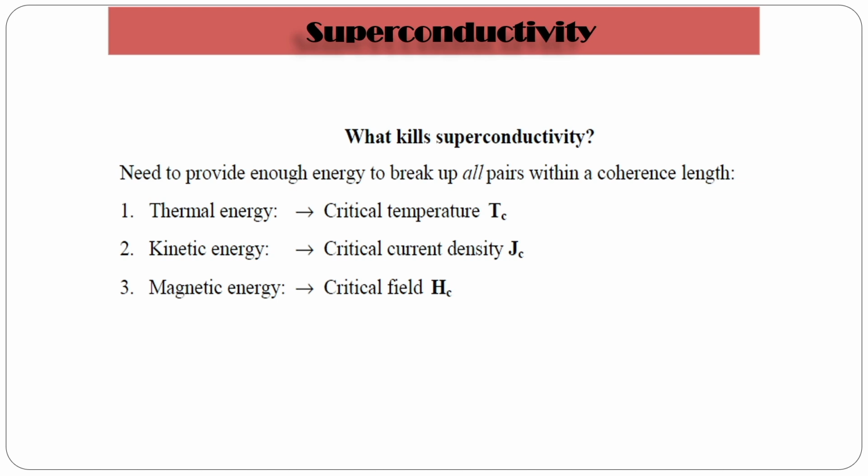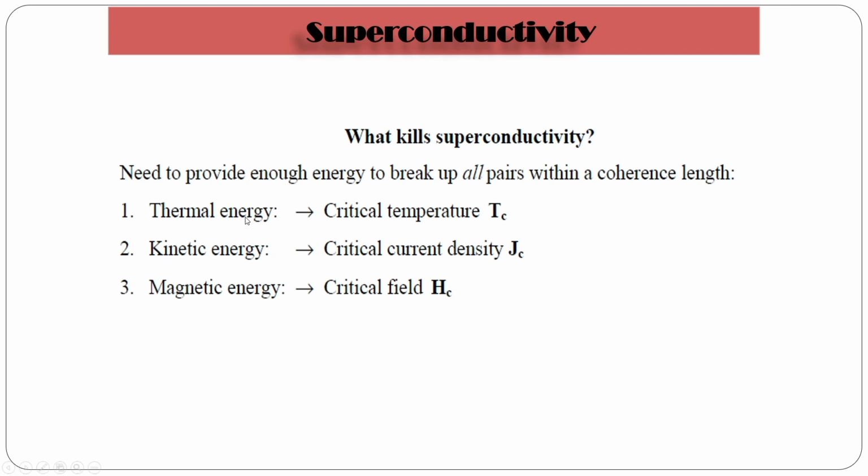So, what are the agencies that can kill superconductivity? Of course, you need to provide enough energy for all the pairs that cause superconductivity, and we will come to that. All pairs within some coherence length should be broken and the superconducting state lost.